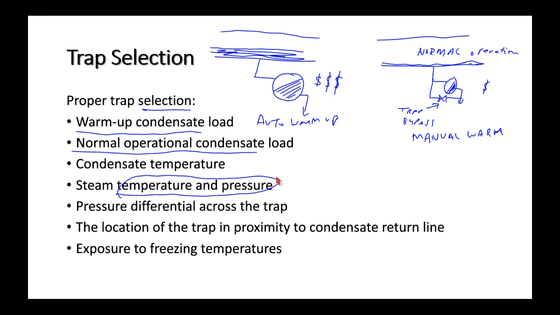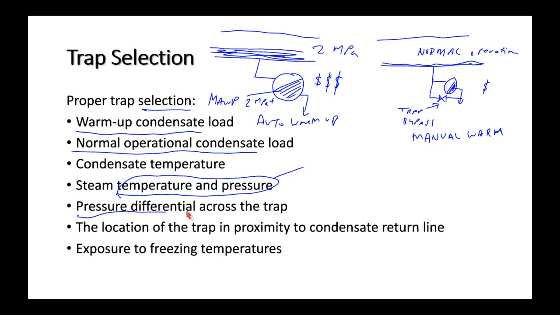Well, we also want to make sure that the trap is good for maybe saturated steam at, if our pipe is at 2 megapascals, we want to make sure that the trap has got the similar MOP. We wouldn't want to install a trap that's good for 1 megapascal on a 2 megapascal steam line.